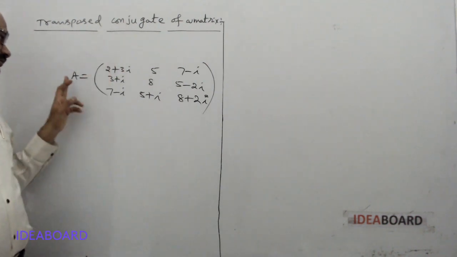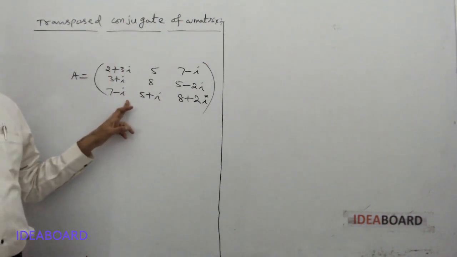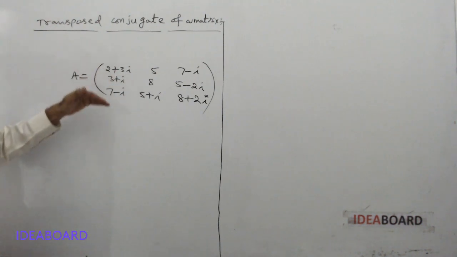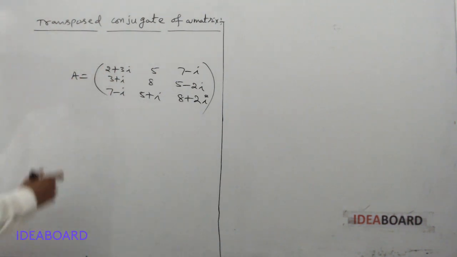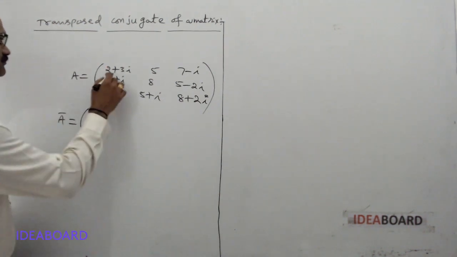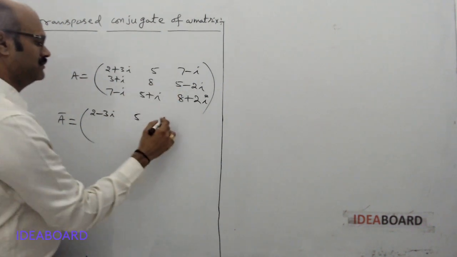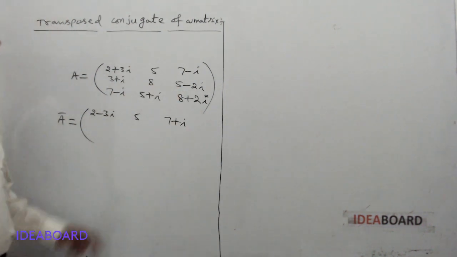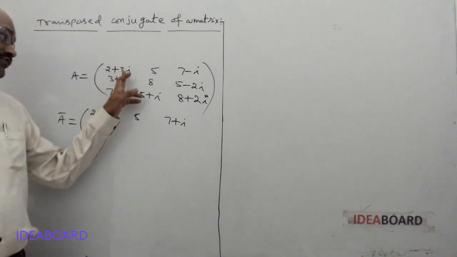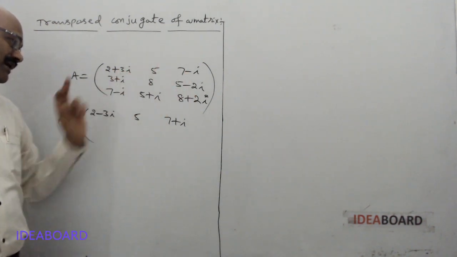Now, write the conjugate of the matrix. The conjugate of the matrix is A bar equal to 2 minus 3i, 5, 7 plus i. We have to write the conjugate of each and every element of this matrix.